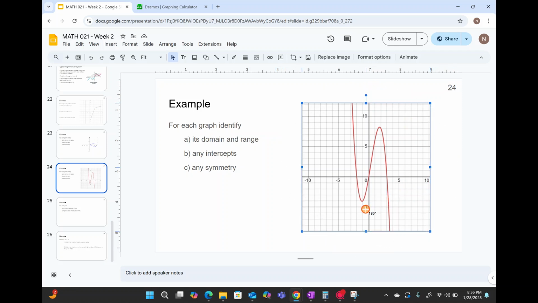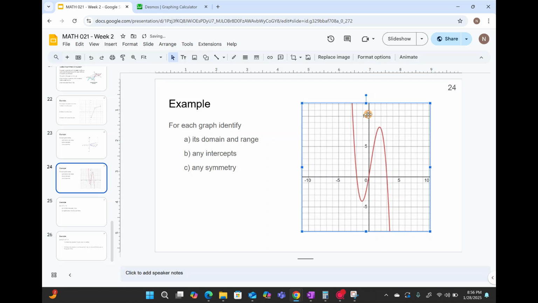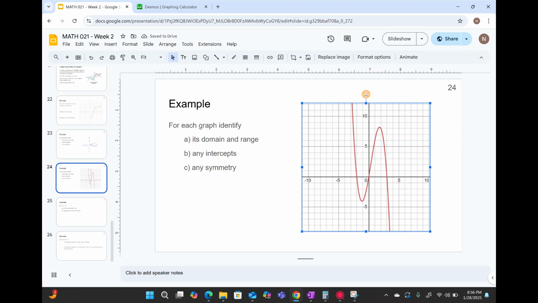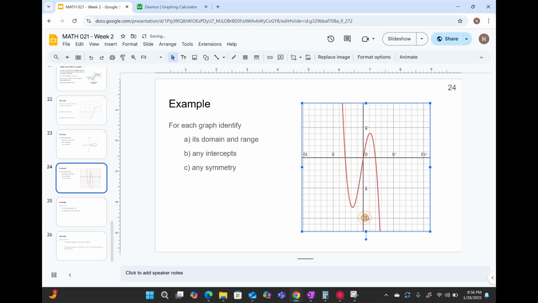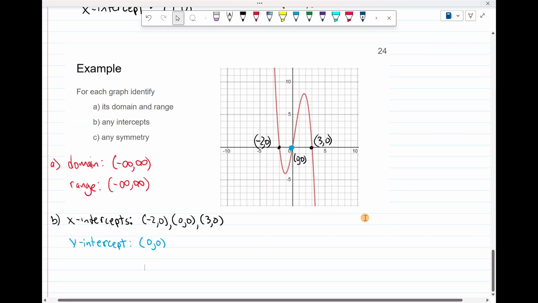So when I rotate it upside down, it still kind of looks like an S, right? Oops, I messed that up. Let me try that again. It does look like the same basic shape. So you might think that maybe this has symmetry about the origin, but you have to be a little bit careful.